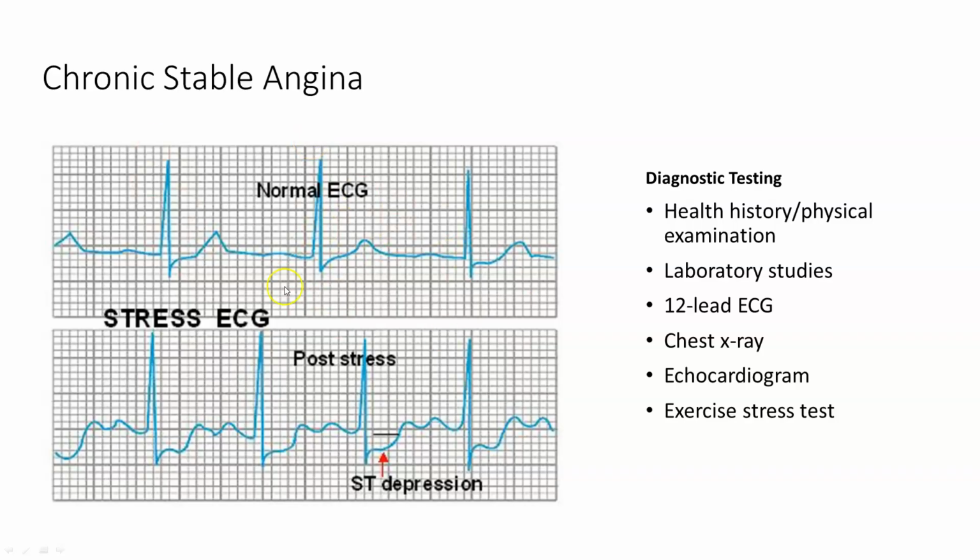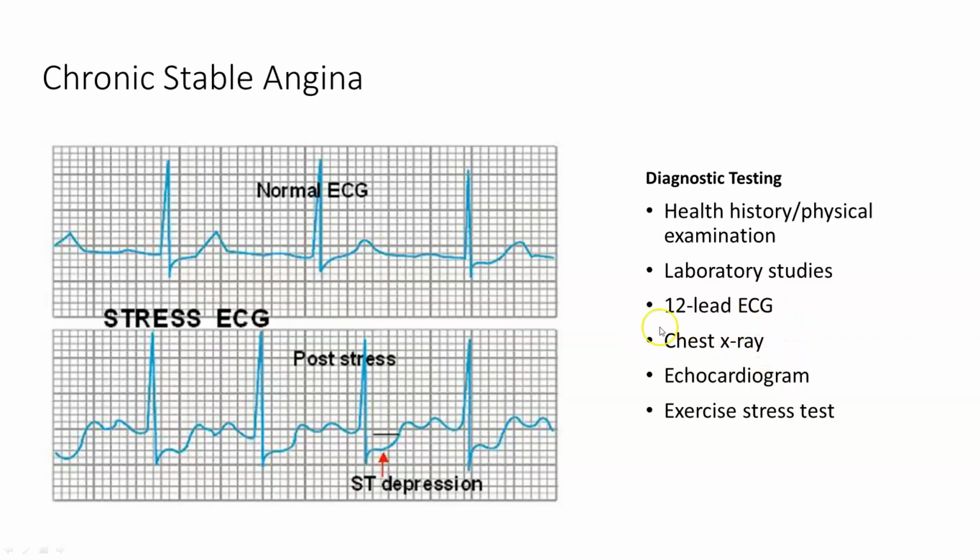Once we start thinking more along the lines of, okay, I've got issues in the coronary artery disease, maybe it's a history of CAD and hypertension and diabetes, and I get diagnosed with chronic stable angina, we're going to try to elicit more information. So just your normal stuff, your health history, your physical exam, listening to heart sounds, looking at your lab results, making sure that you're getting a 12 lead for any new or recurrent changes, usually chest pain.